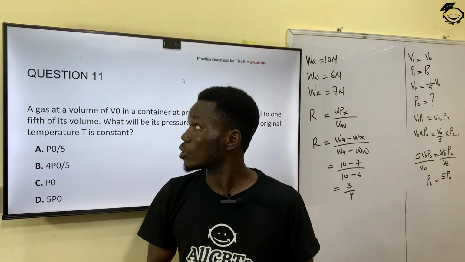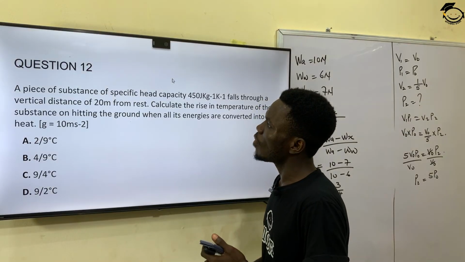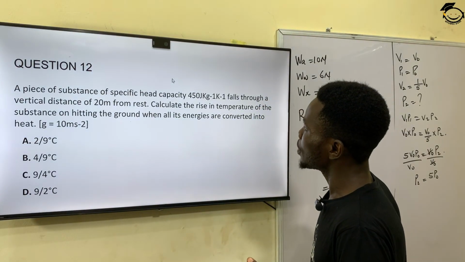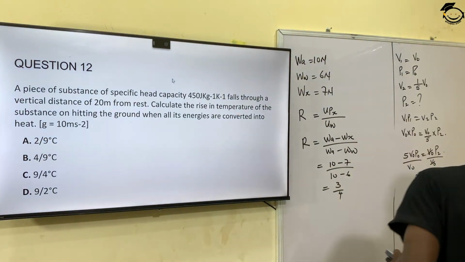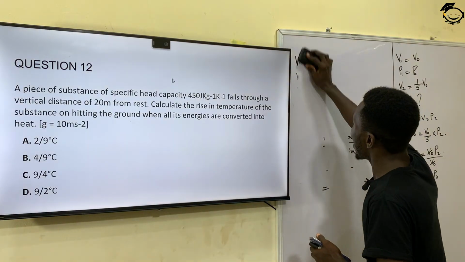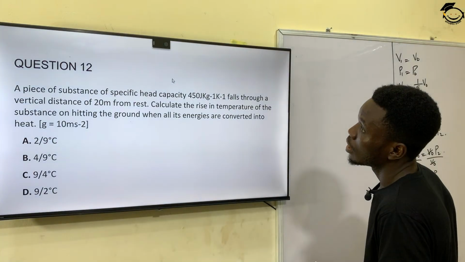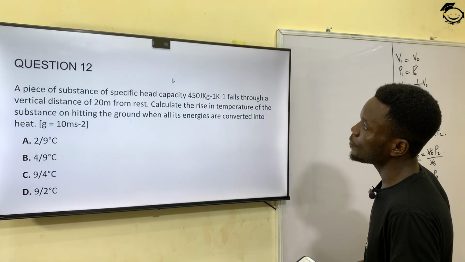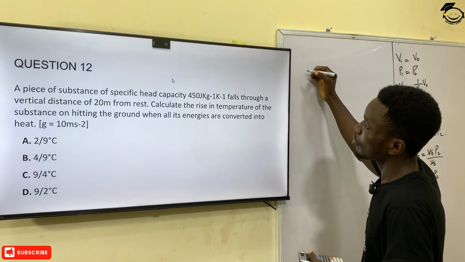So that takes us to question number 12. So question number 12 says, a piece of a substance of specific capacity 450 joules per kilogram per Kelvin. So we have the specific capacity of this particular substance. Please, that is not specific head capacity, it is specific heat capacity. Specific head capacity is a typographical error.